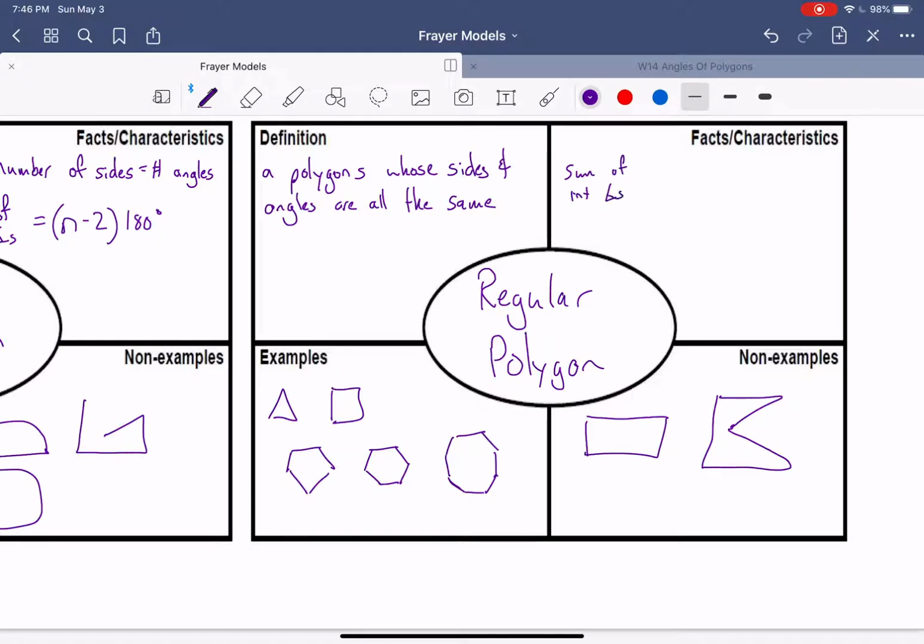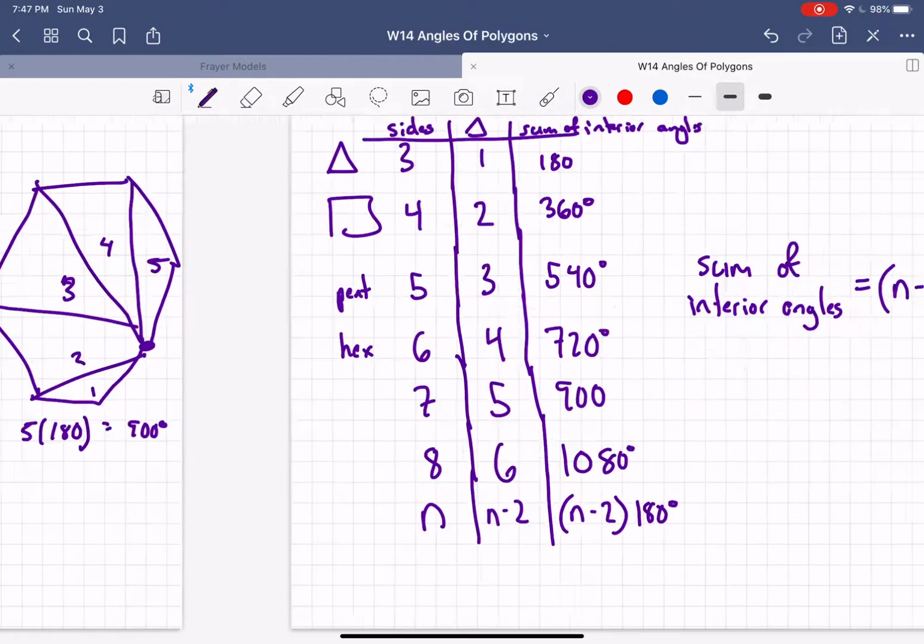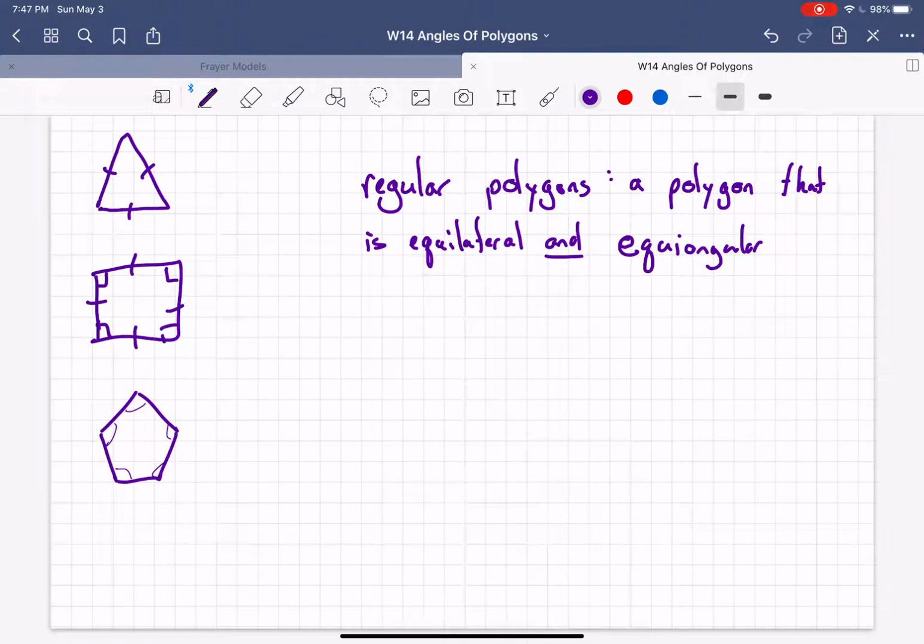of interior angles is equal to n minus 2 times 180, but because all of the angles are the same, we can even go one step further. That is to say, in a pentagon, we know all of those angles add up to, what have we been saying? 540.